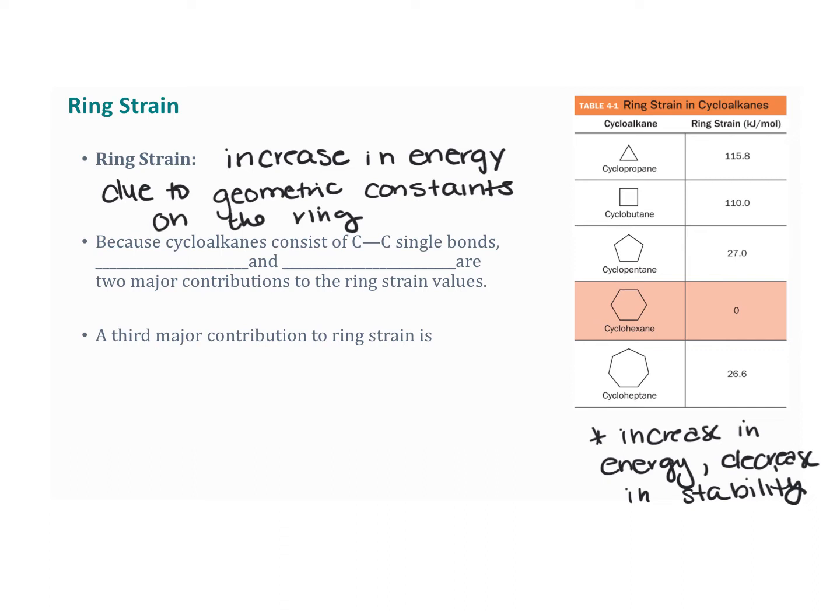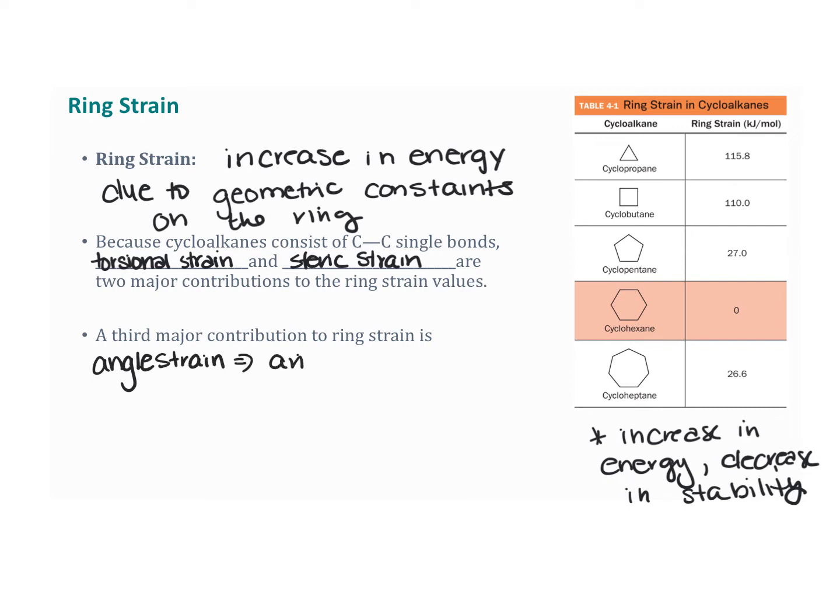So let's finish putting some words to this. Because cycloalkanes consist of carbon-carbon single bonds, our friends that we've already talked about, torsional strain and steric strain, are two major contributions to ring strain values. Now, there's a third major contribution to ring strain, and that is angle strain.